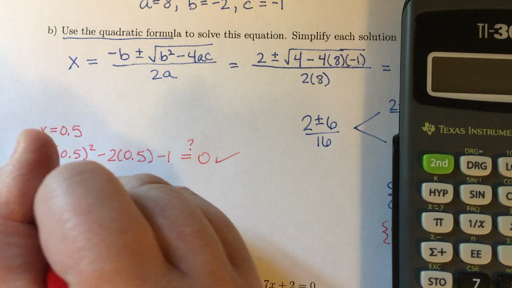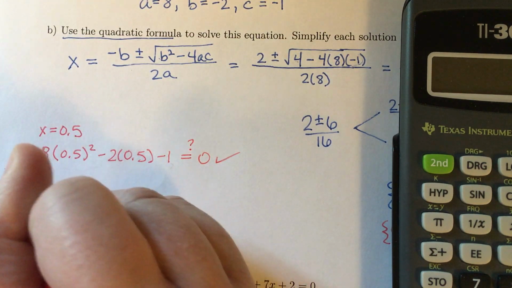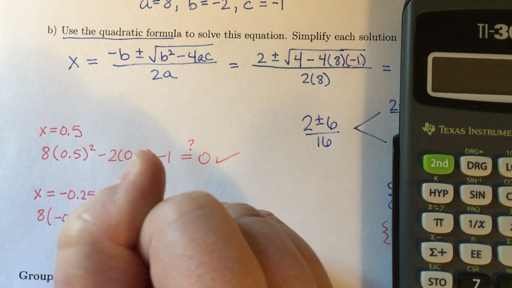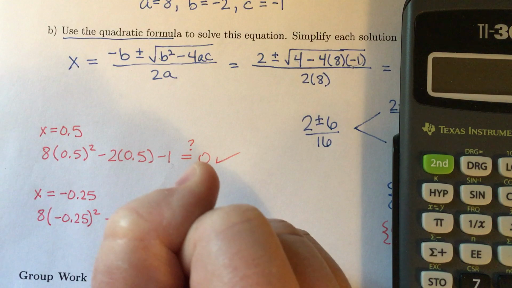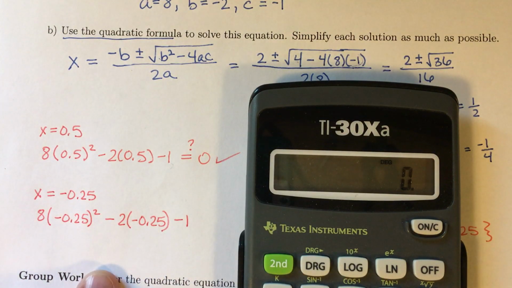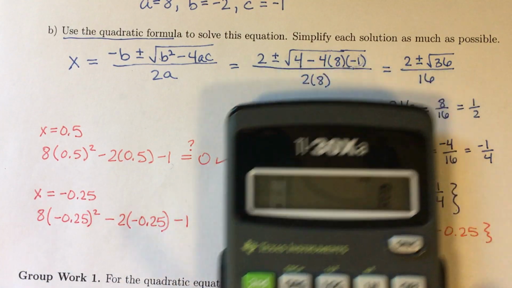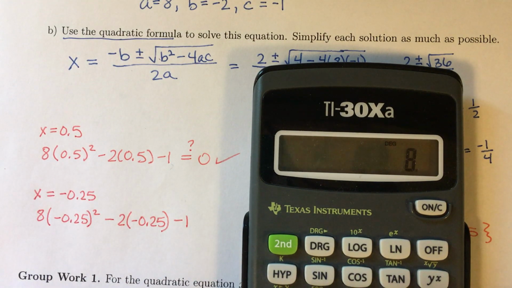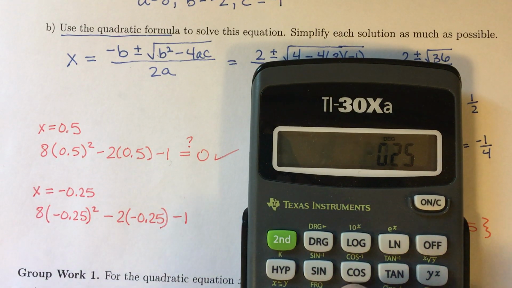Let's check the other value. X is -0.25. It's a little trickier to type in a negative, especially on these more basic calculators, but we can still handle it. We just gotta make sure to use that negative button at the bottom. So I use the original equation, and we're plugging in our other x value that we found as a solution. 8 times 0.25 negative, then squared, minus 2 times 0.25 negative, minus 1 equals.